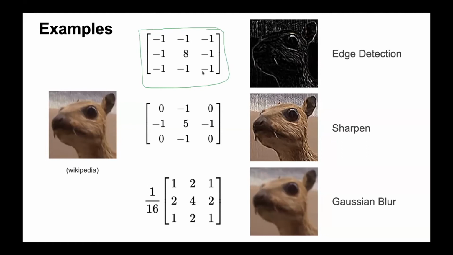Well, you can think about it as it weights the central element by a lot and weights the rest by almost nothing. So it says if there is a certain edge, then these elements will have very different values from my central element. And so that will detect the edge. These filters mean something, and they are designed by someone to analyze certain features present in an image. In this case, those features are edges.